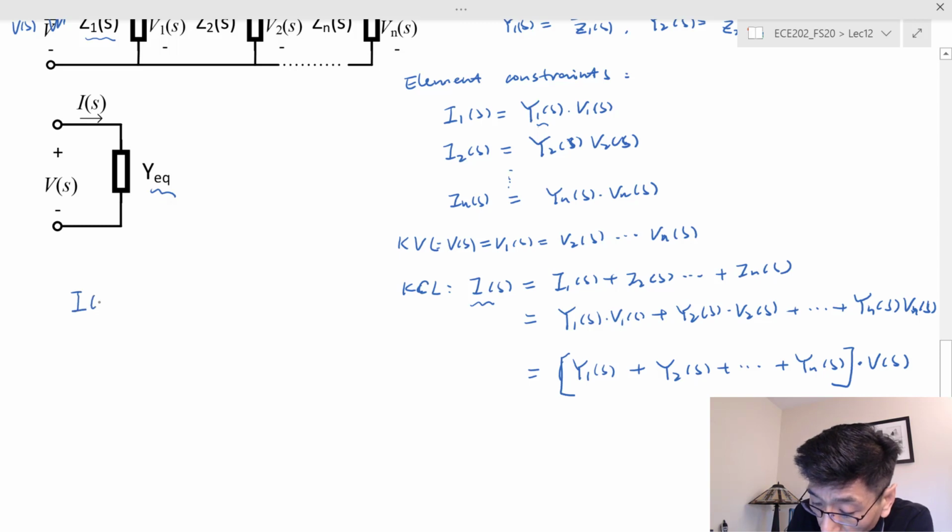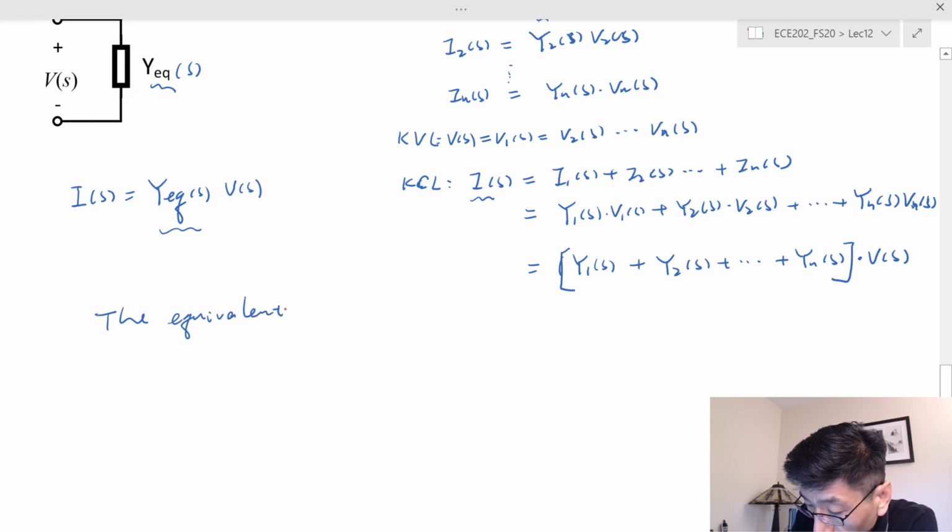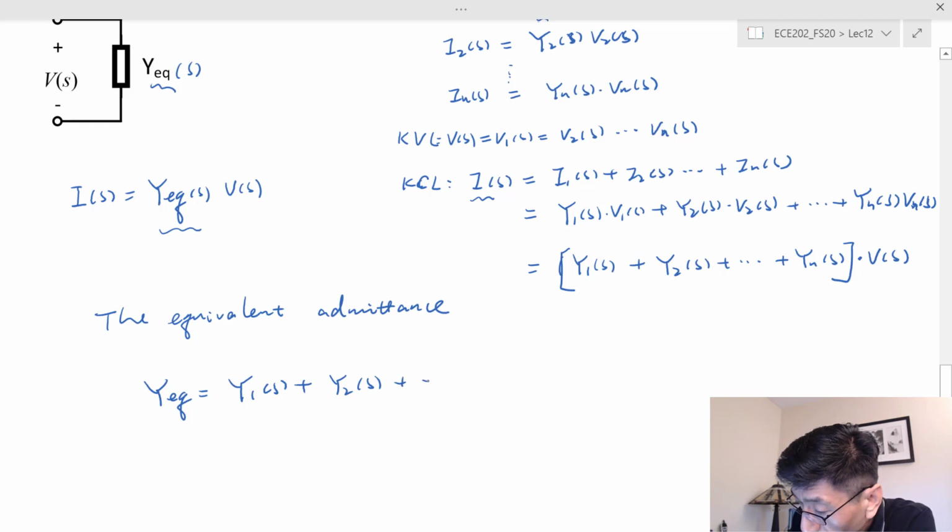In this case, we have Is equal to y sub eqs, which should be a function of s as well, times the Vs. And if you compare these two equations for the equivalent admittance, y sub eq should be equal to y sub 1s plus y sub 2s plus y sub ns, right?